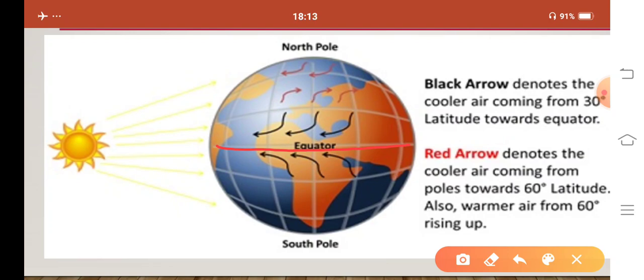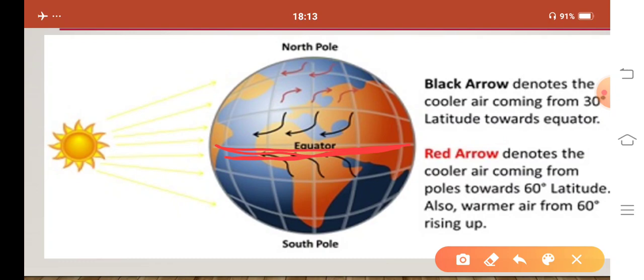So the region close to the equator gets the maximum heat from the sun. The air near the equator region gets heated and becomes warm. The warm air rises in the equatorial region of earth, creating an area of low air pressure.